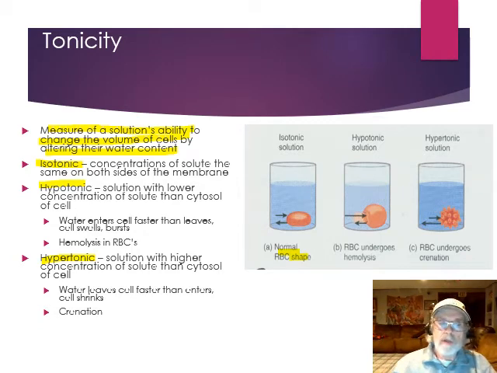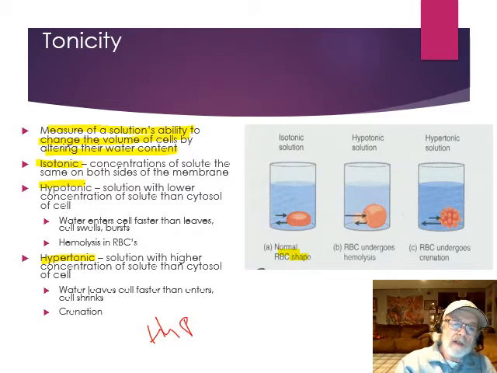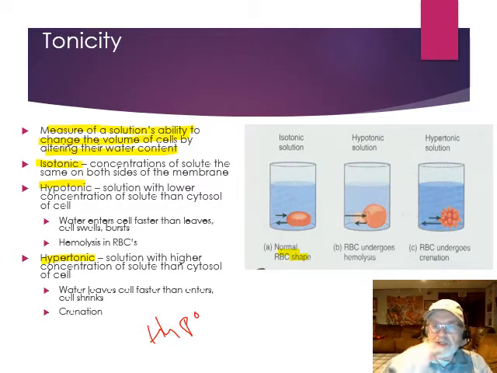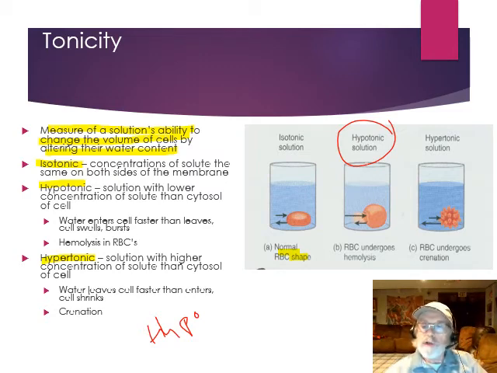Okay, that's called isotonic. Iso means the same. Hypo means less than or lower. So let's take that red blood cell and stick it in a hypotonic solution over here, which means that the water concentration inside the red blood cell is less than the concentration outside, which means that the intracellular material in the red blood cell is more concentrated than the fluid outside.